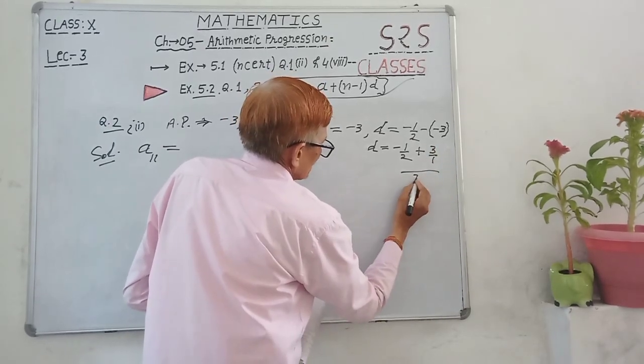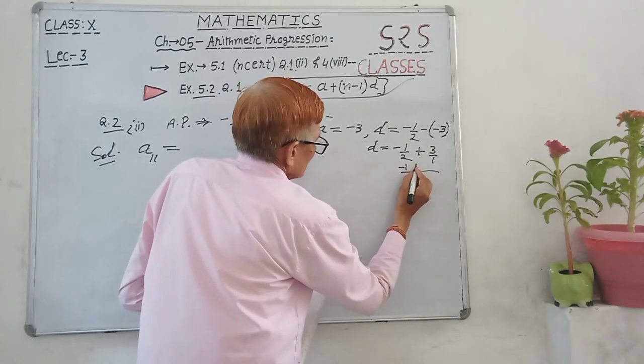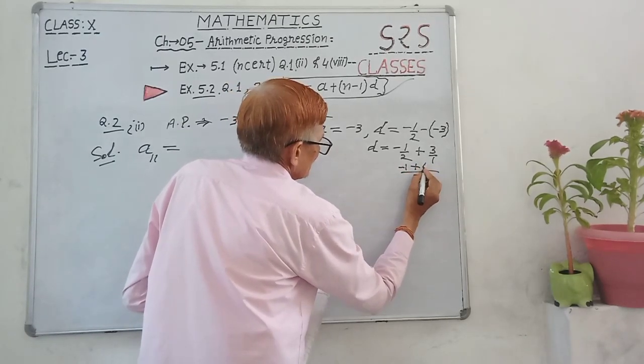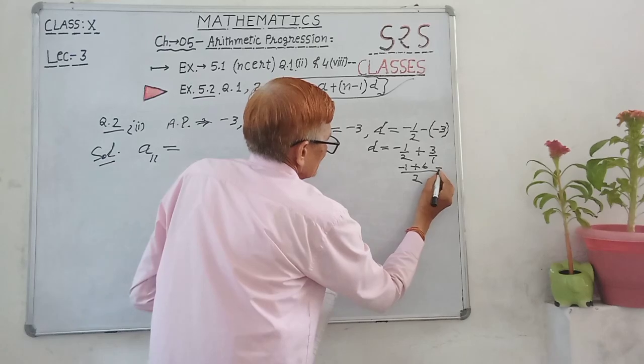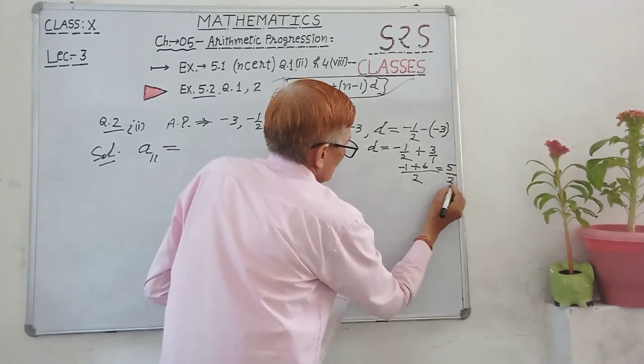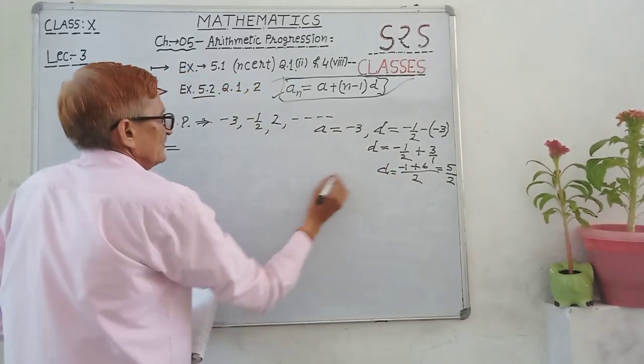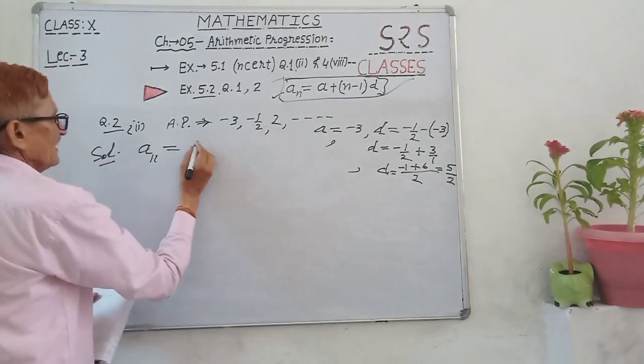Then LCM is 2, then minus 1 plus 6, which is 5 upon 2. So D is 5 upon 2. Use these here.